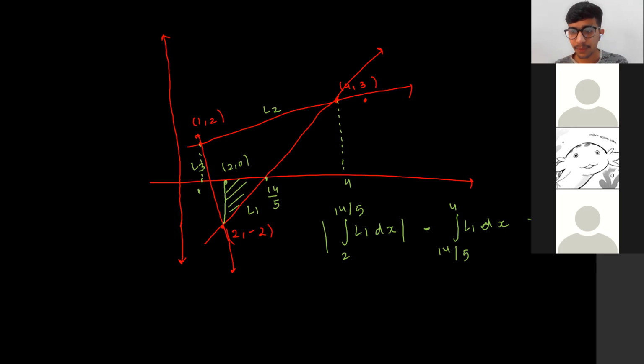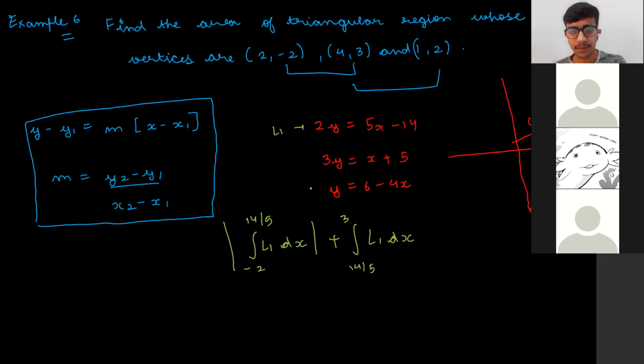Now we have to look for L3. So basically this area is extra. So minus integration L3 dx from 1 to, what is this point? L3 is which line? This is L3. So when y is equal to 0, x is 3 by 2.